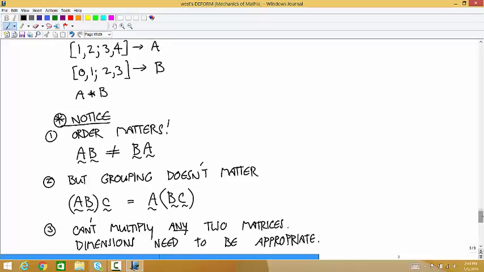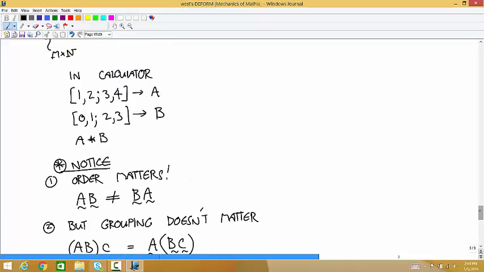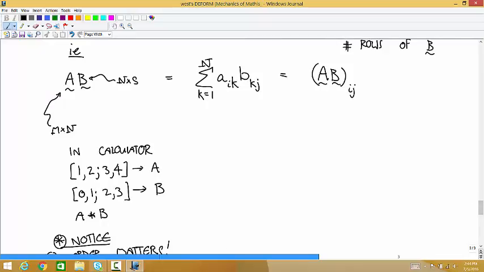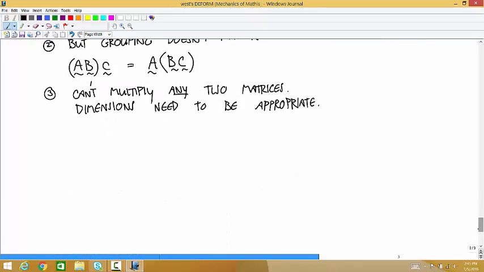And we saw that when I did this summation notation thing. You can only multiply matrices that have the same number of columns in the first matrix as the number of rows in the second matrix. Any questions about that?